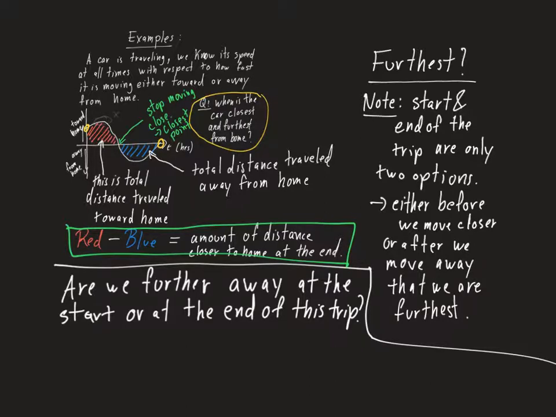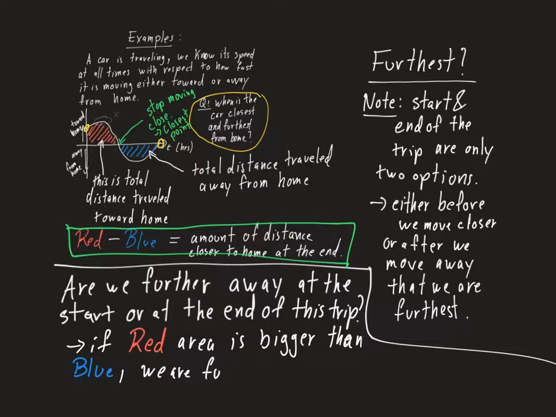So if the red area minus the blue area gives us the amount of distance that we are closer to home at the end of the trip than we were at the start, then if the red area is bigger than the blue, then we are further away at the start. And vice versa.